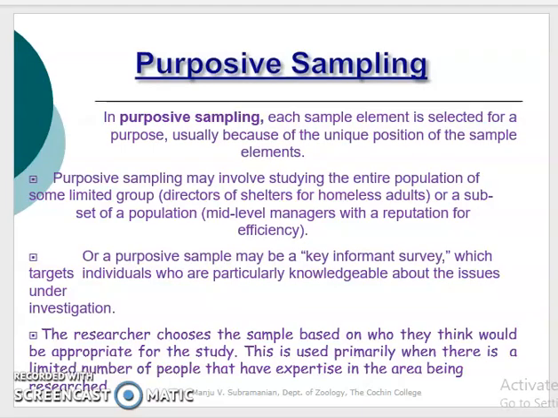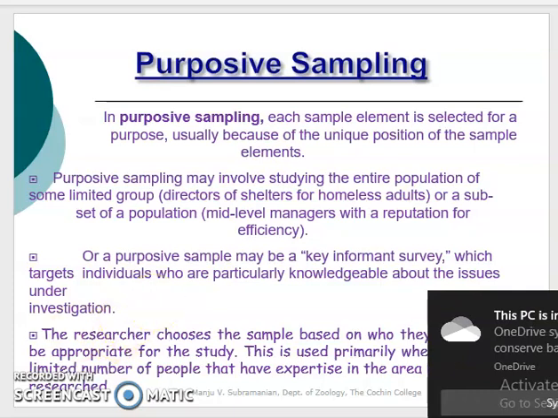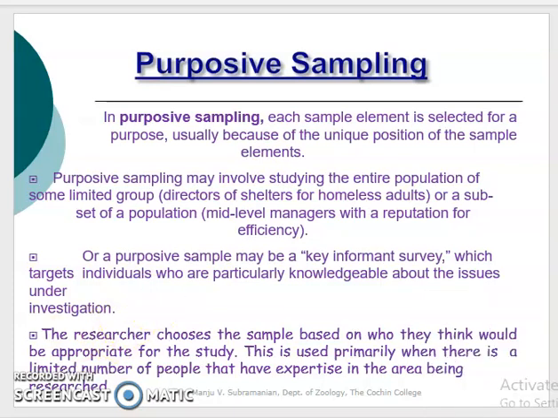Then there is purposive sampling. In purposive sampling, each sample element is selected for a purpose, usually because of the unique position of the sample elements. Purposive sampling may involve studying the entire population of some limited group, or a subset of a population. Or it may be a key informant survey, which targets individuals who are particularly knowledgeable about the issues under investigation.